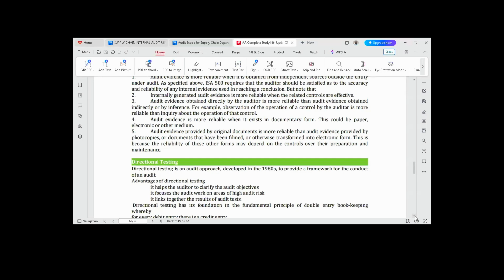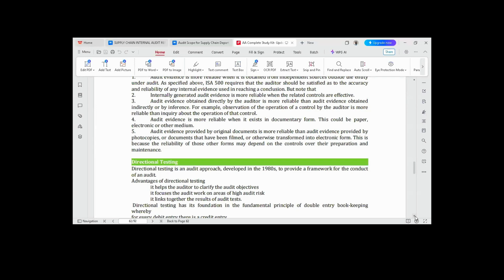Number two, it focuses the audit work on areas of high risk. So talking about directional testing, like I said, the auditor will be focusing on what? On the key areas of the audit, of the client business. Number three, directional testing combines the results of audit tests.